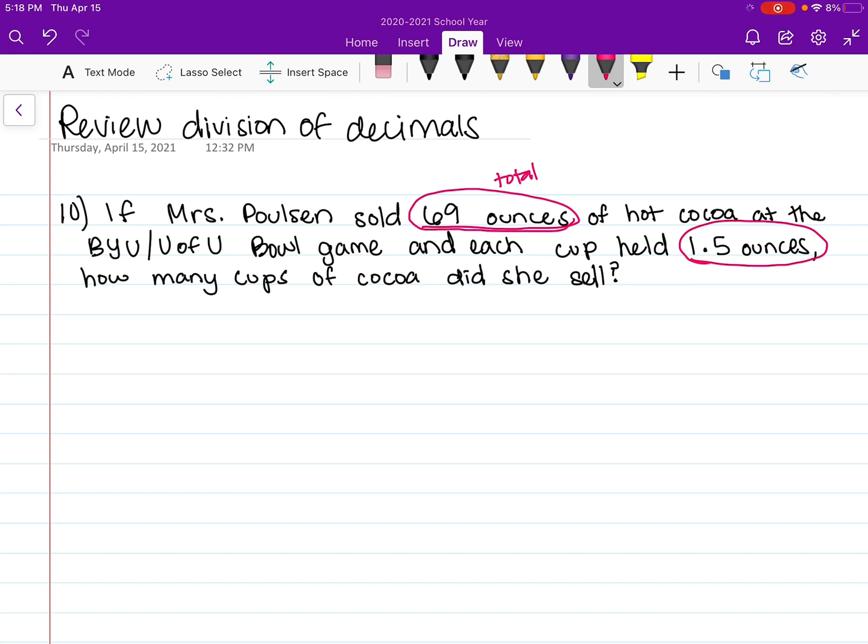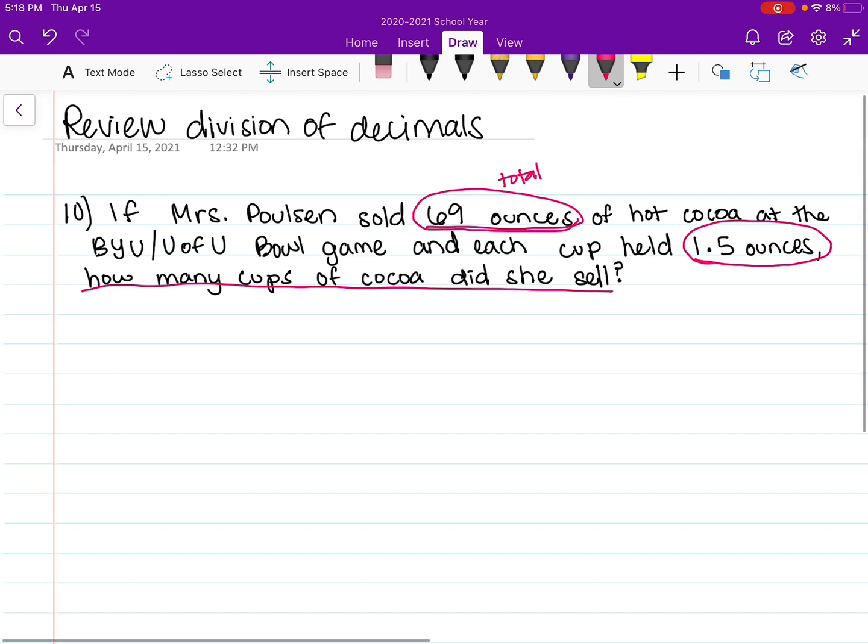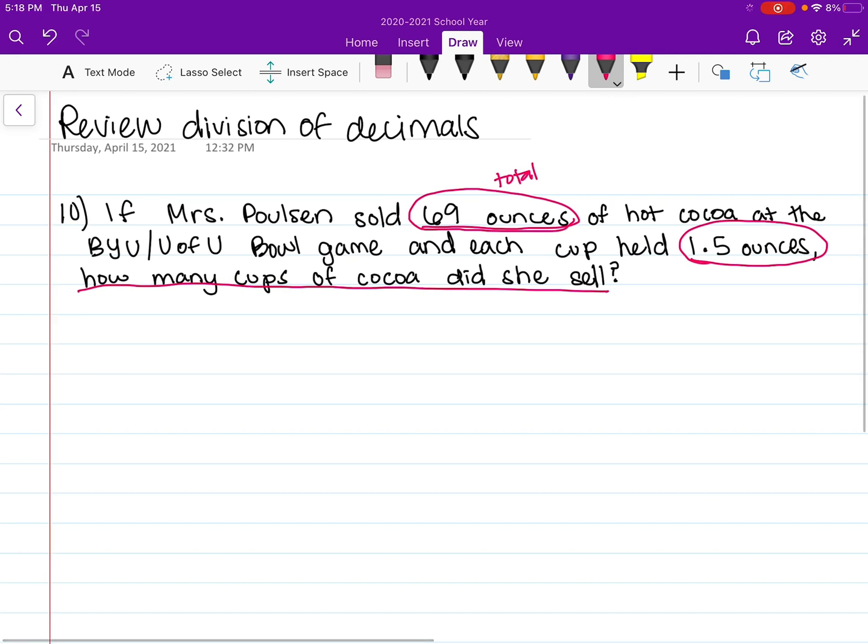How many cups of cocoa did she sell? So the question is, how many cups of cocoa did she sell? 1 5/10 ounces sounds to me like a group size. And how many cups of cocoa? That sounds like the number of groups.